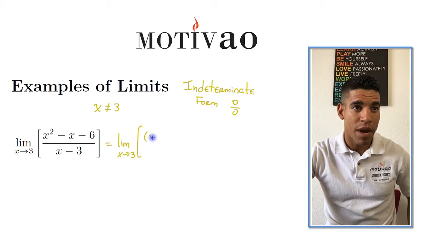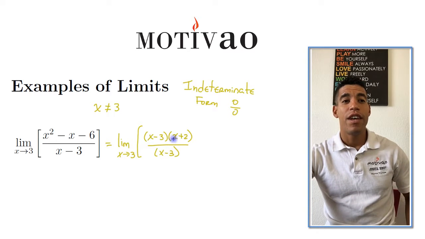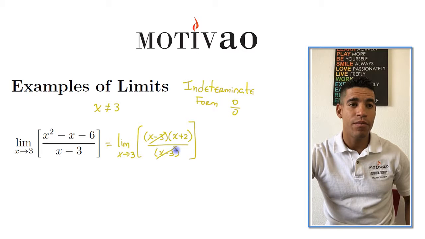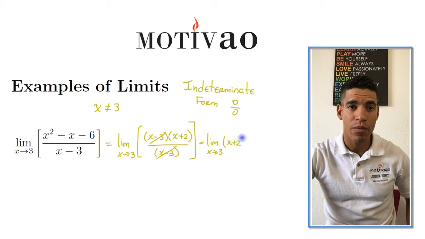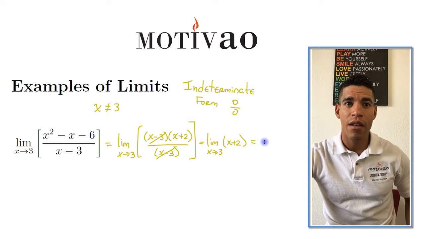So x minus 3 and x plus 2. And voila. Now we have this. Notice that you can cancel these two factors and you get the limit when x approaches 3 of x plus 2. And now you can evaluate 3 and get 3 plus 2, which is 5.